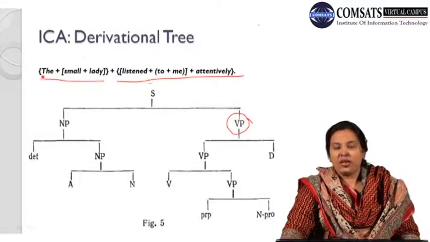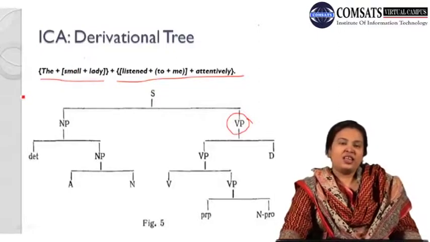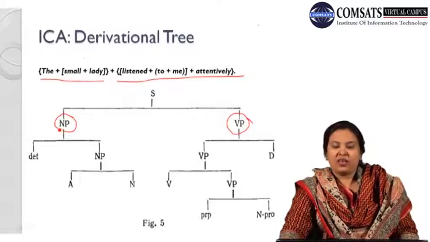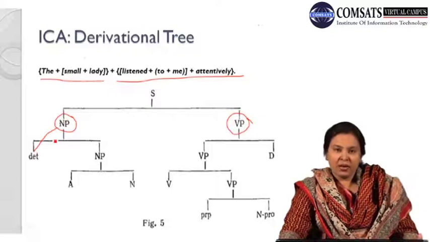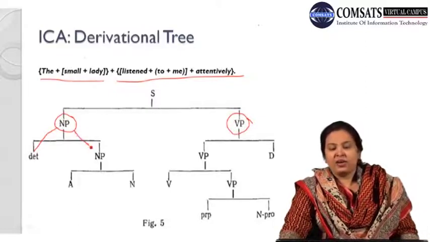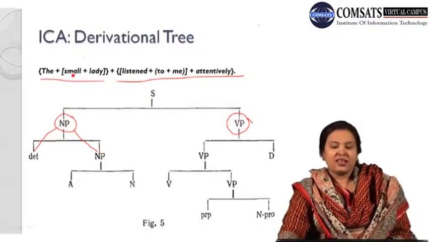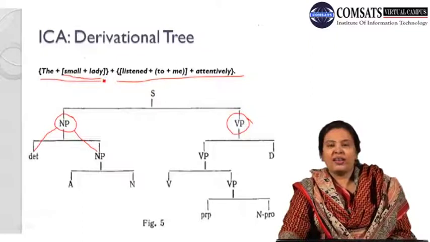Inside this noun phrase, you can see there are three things: an article, the, an adjective, and a noun. At the first level, we have a determiner, that is the. And at the second level, inside the noun phrase, we have again a noun phrase, the combination of small and lady.